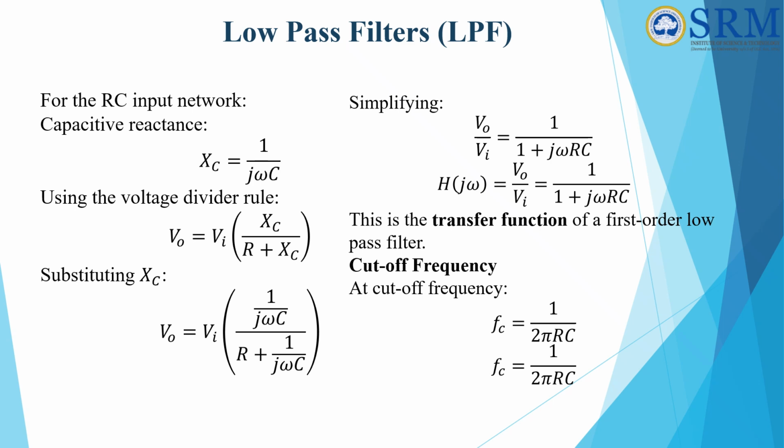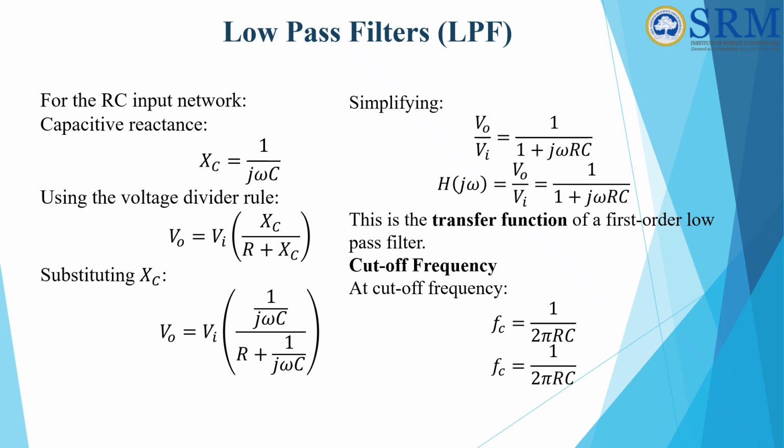Next we are going to see the derivation for the low pass filter. So we have the RC network on the input side. The capacitive reactance is given as Xc equal to 1 by j omega C. Using the voltage divider rule, we can find the output voltage. Vout is equal to Vi into Xc by R plus Xc.